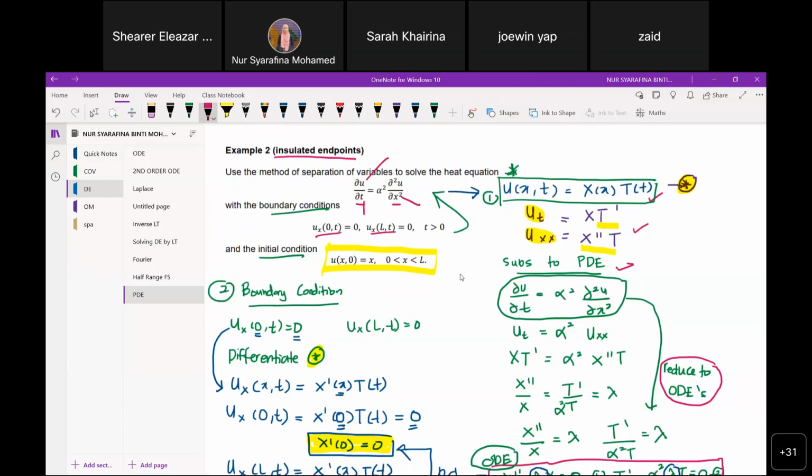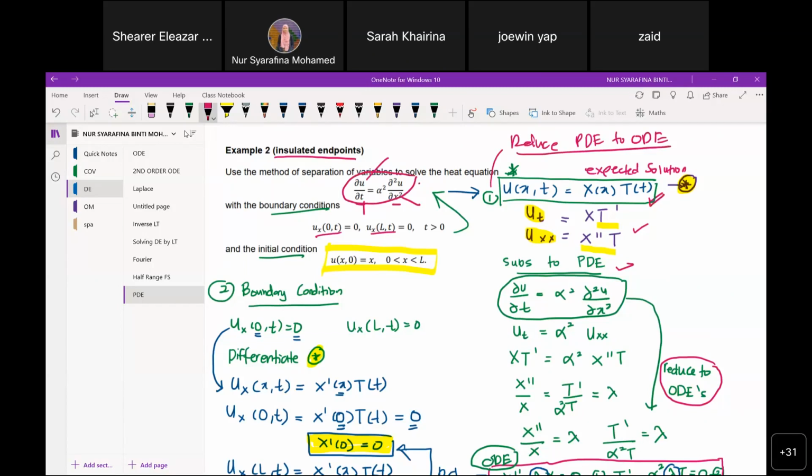So we assume that our expected solution should be u(x,t) equals a function of x and t, so u(x,t) = X(x)T(t). This is our expected solution. Now, our first step is to reduce this PDE to ODE by matching the expected solution with the given PDE.